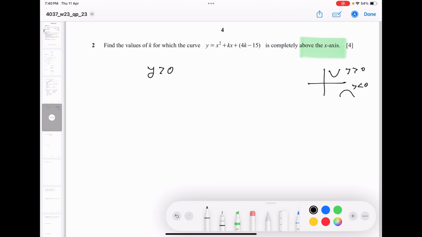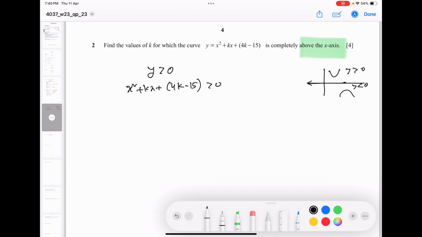So we can write here x squared plus kx plus 4k minus 15 greater than 0. That means it does not meet the x-axis. Since it does not meet the x-axis, there are no real roots.